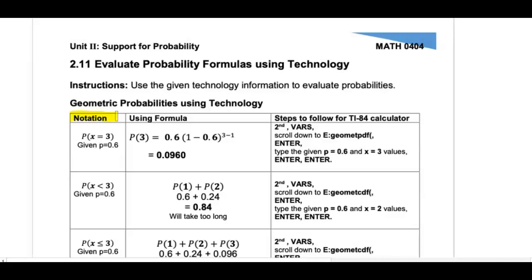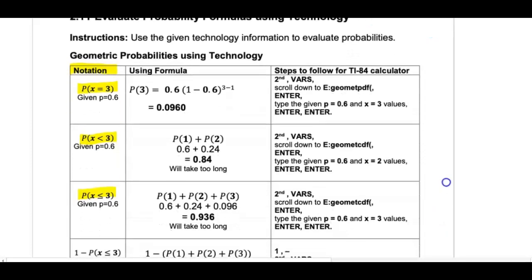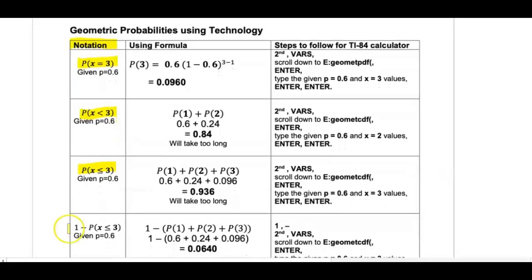So the notation that we're given is, in this first one, P of X equals 3. And I'm looking at the next value and comparing the difference of what's happening. So obviously I'm giving an X equals 3, X is less than 3, and X is less than or equal to 3. We have also 1 minus P of X is less than or equal to 3.